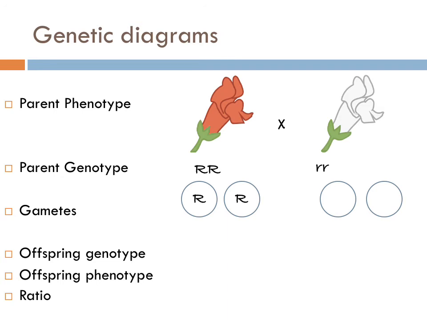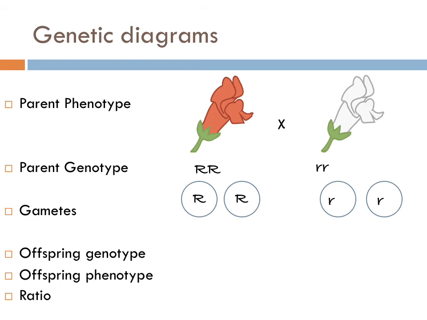They carry only half of the genes, or half the chromosomes, that we have. So half of them will be in this cell and half of them will be in another cell. And if we're talking about the white flower, it's the same idea: one small r in this cell and one small r in the other cell.